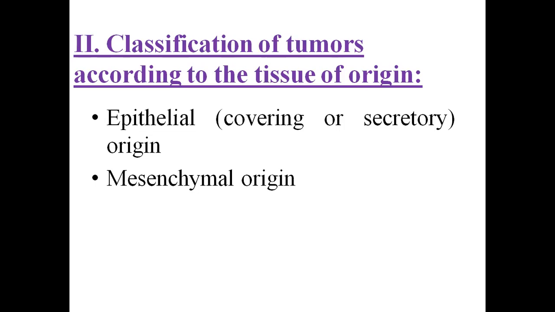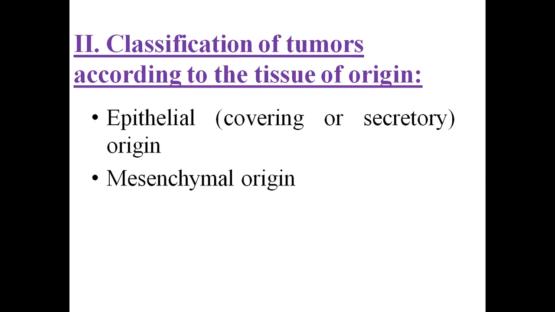And then we compared benign and malignant tumors. And also, we discussed the complications of benign and malignant tumors, and what are the serious complications of benign tumors, although they are benign, and what are the causes of death in malignant tumors.